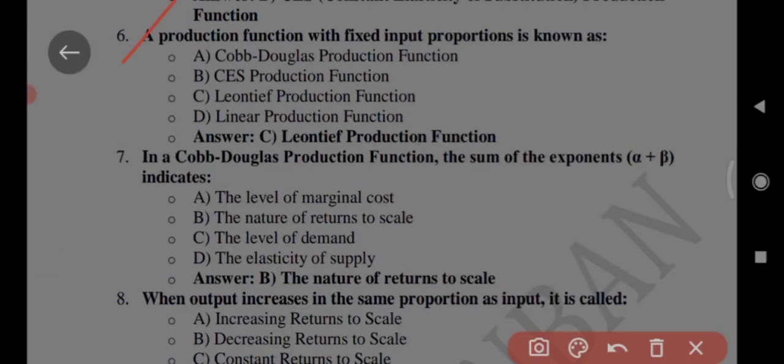A production function with fixed input proportions is known as option C, Leontief production function. In a Cobb-Douglas production function, the sum of the exponents alpha plus beta indicates option B, the nature of returns to scale.